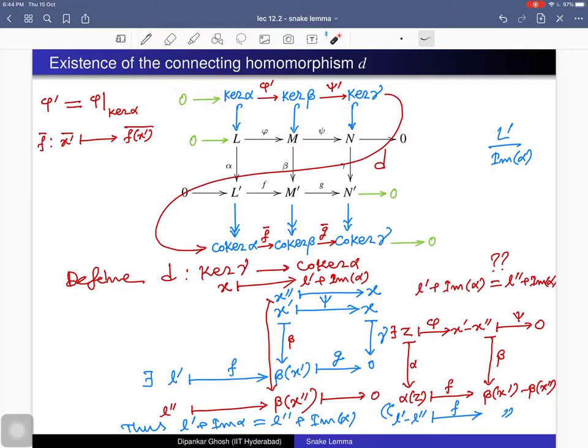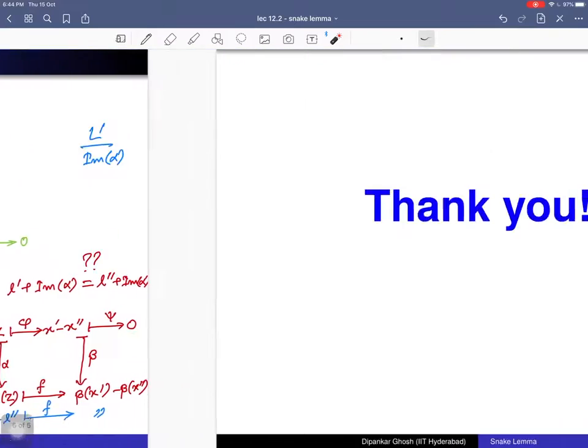So if this map is injective, then one can verify that this map is also injective. And if in the hypothesis we put this part, it is equivalent to putting that G is surjective, then we have that G bar is also surjective. Yeah, I will stop.